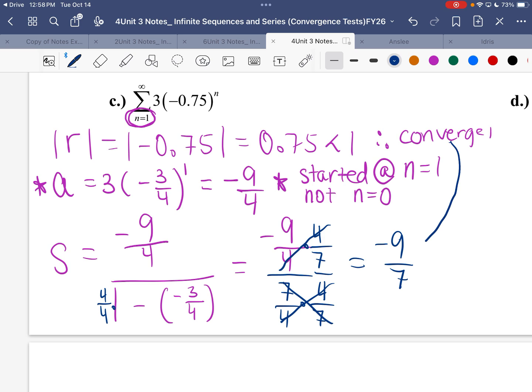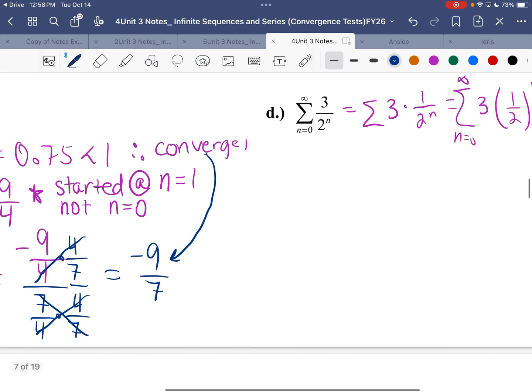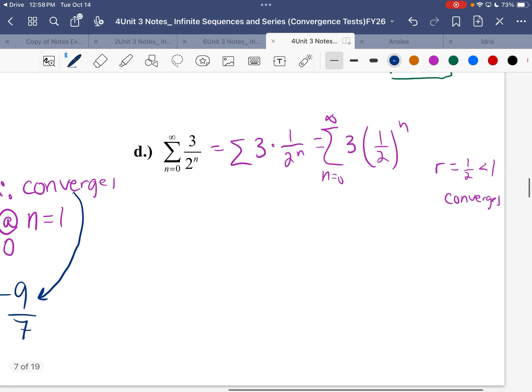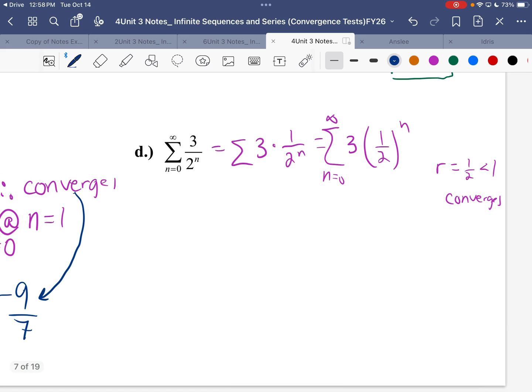It converges, and this one does converge to negative 9/7. You could have also said it was negative 36 over 28 and then reduce that. But why go bigger to go smaller? Go small or go home. Reduce it.